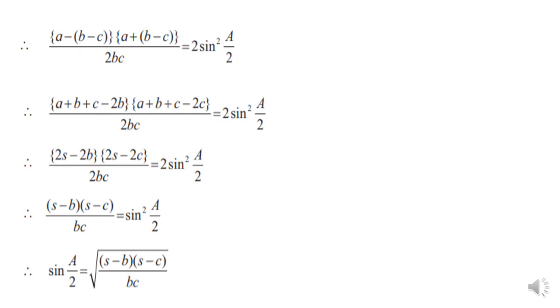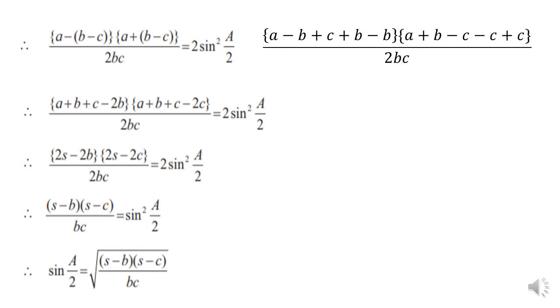Thus applying the formula for a square minus b square is equal to (a minus b) into (a plus b), we get a minus b plus c in the first bracket. In the second bracket, a plus b minus c upon 2bc. Now observe what is done in the next step here. The first bracket is open.